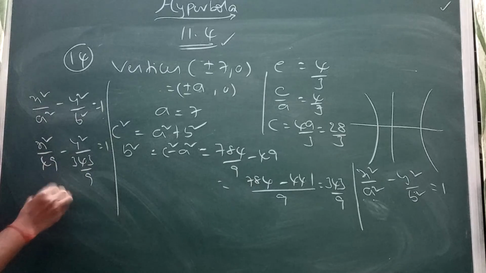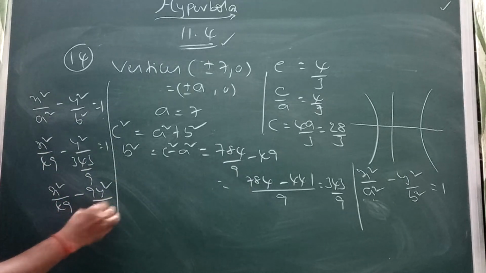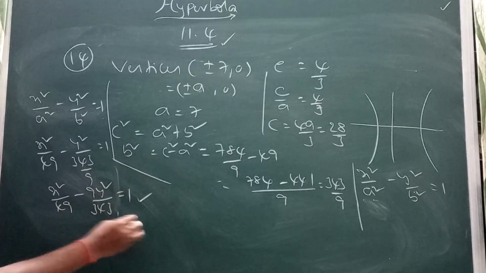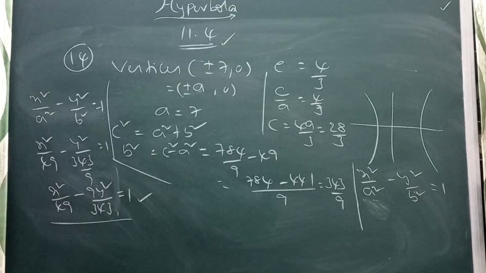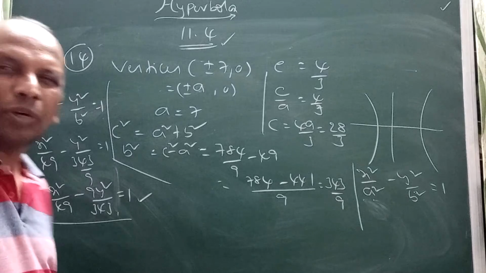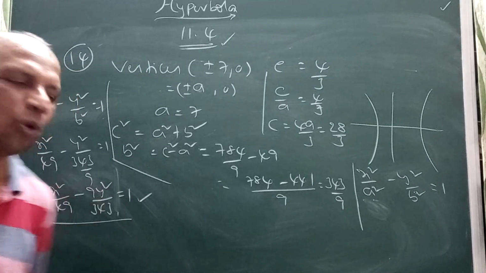So x square by 49 minus 9y square by 343 is equal to 1. This is the equation.